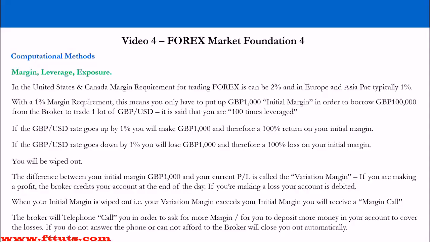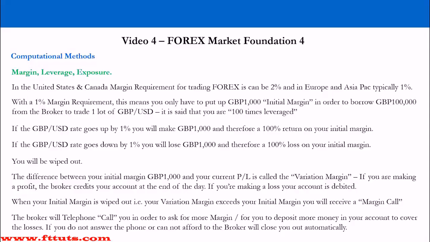And we looked at an example like this earlier with a 1% margin requirement. This just means you're only going to have to put up, say in the United Kingdom, £1,000 initial margin in order to borrow £100,000 from the broker to trade a one lot of sterling US dollar, or cable. And basically what you're doing is you've become 100 times leveraged.